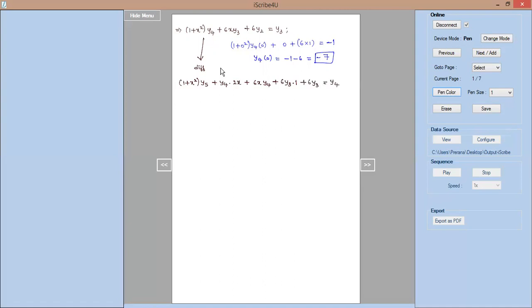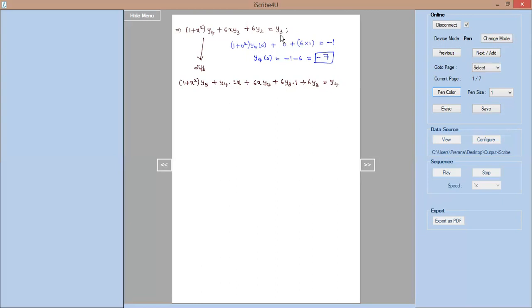Let me explain the differentiation. Product rule: 1 plus x² as it is, differentiation of y4 is y5, plus y4 as it is, differentiation of 1 plus x² is 2x. Next, 6x as it is, differentiation of y3 is y4. 6y3 as it is, differentiation of x is 1. Then differentiation of 6y2 is 6y3.